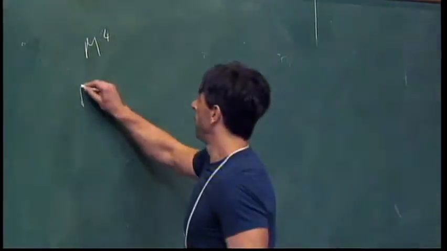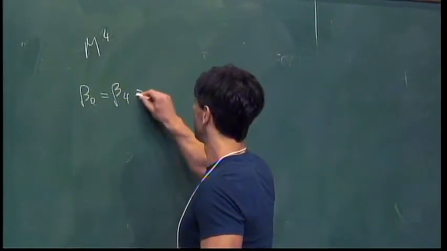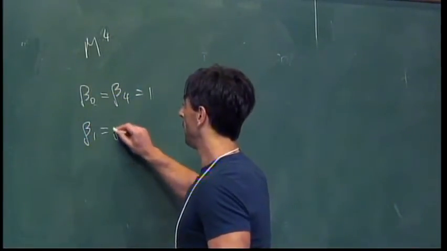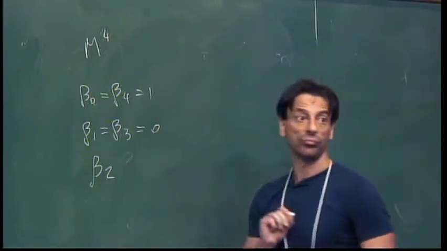Then beta 0 and beta 4, of course, are equal to 1. Beta 1 and beta 3 are equal to 0, so you only look at beta 2, right?